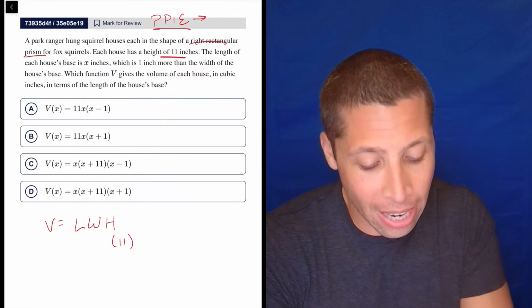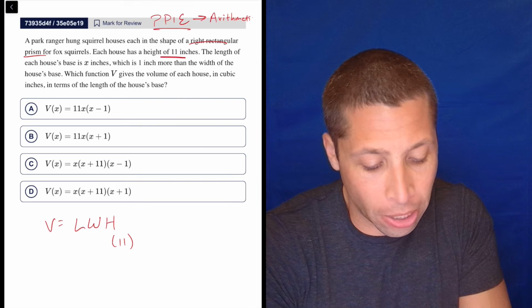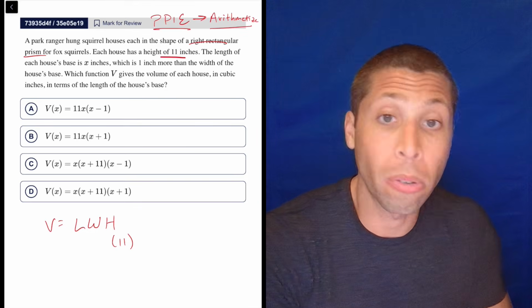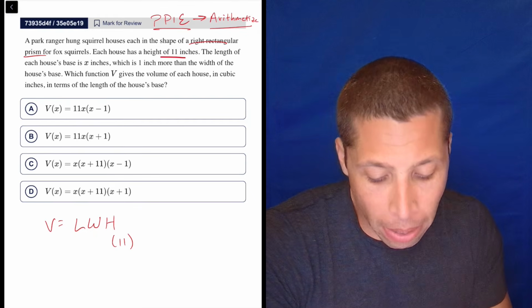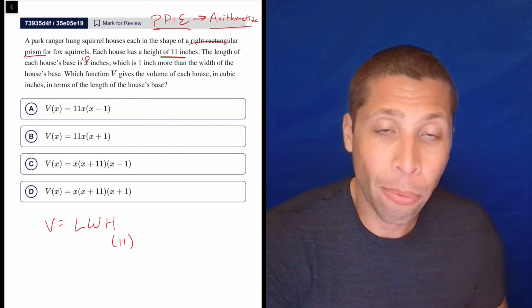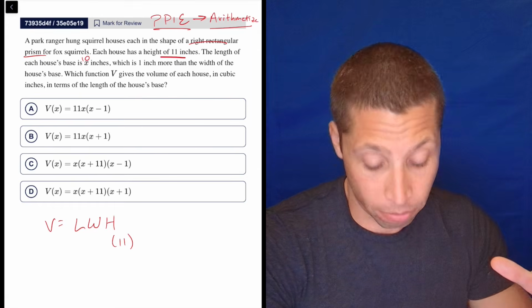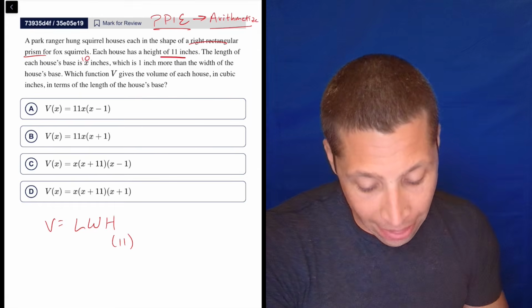So instead, I'm going to use a side strategy here to plug points into equations, which is to arithmetize. Let me just make up a number for this x. Let's just make it 10 inches, okay? That way I have another way to think about every letter here, right? So x is going to be 10, and that's the length.